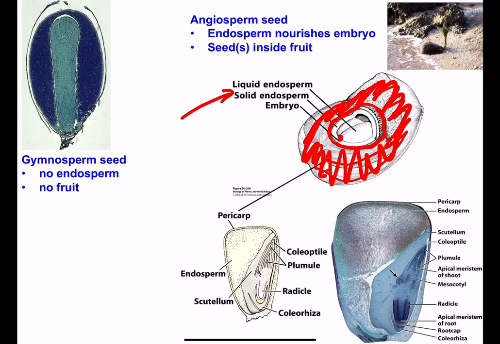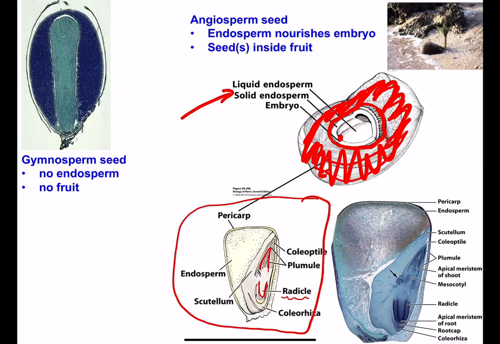And even like this corn kernel. Think of a corn kernel. Well, it's actually a fruit because a fruit is a matured ovary. And here we have an embryo. Right? We actually have those words we learned last week. A radicle, that's another word for a root tip. And then up here we haven't learned those words.